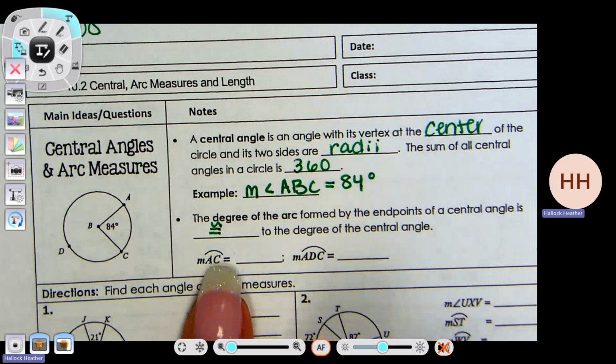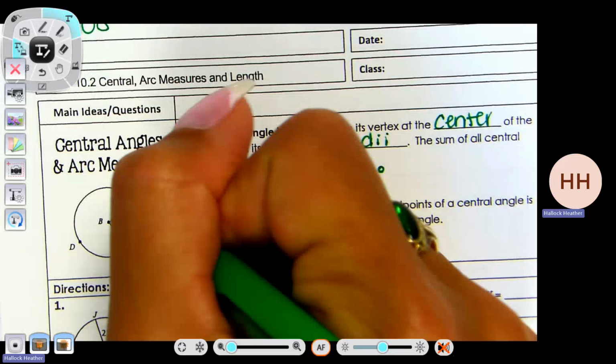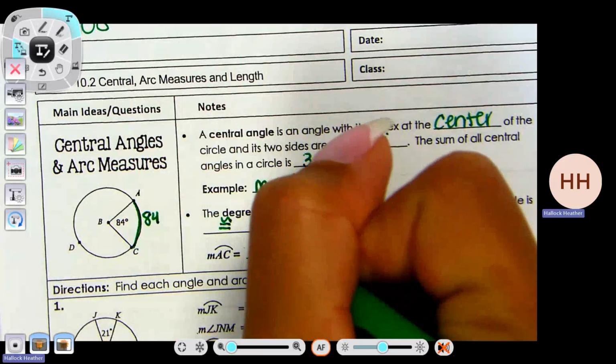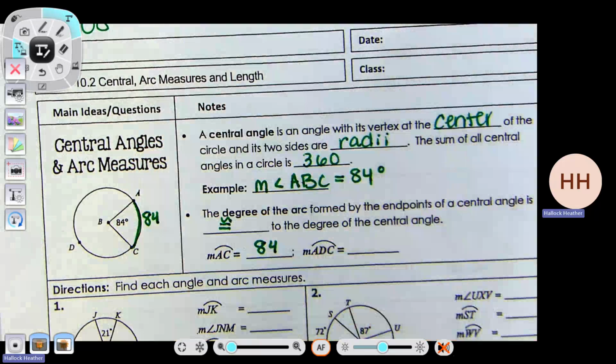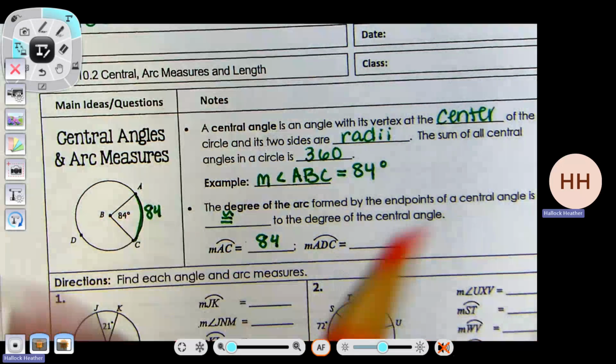So for AC, how much is going to be the arc of AC? 84, because it matches. Okay, so if I know that arc is 84, now I need to find the arc ADC. If I look at my picture, ADC is this.